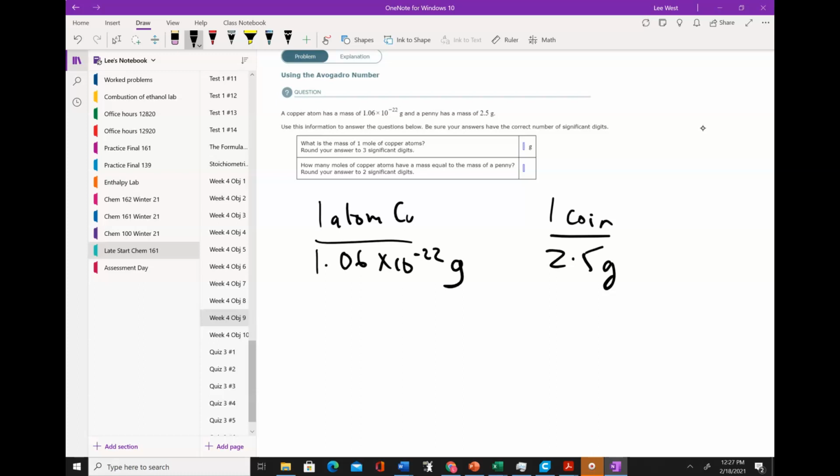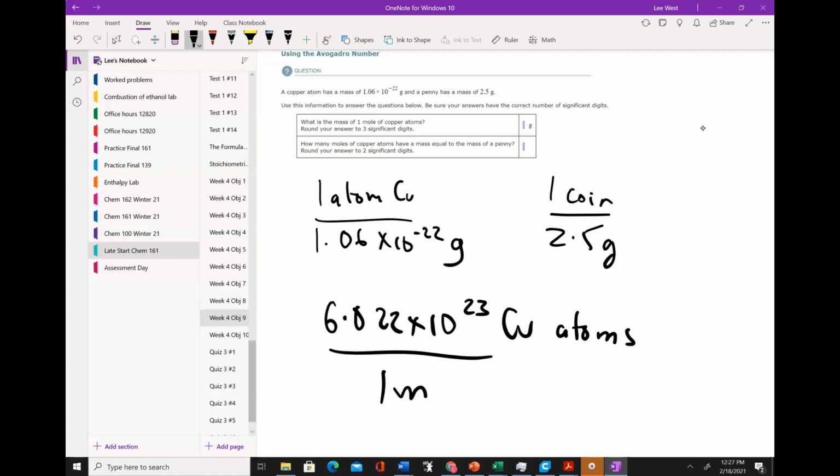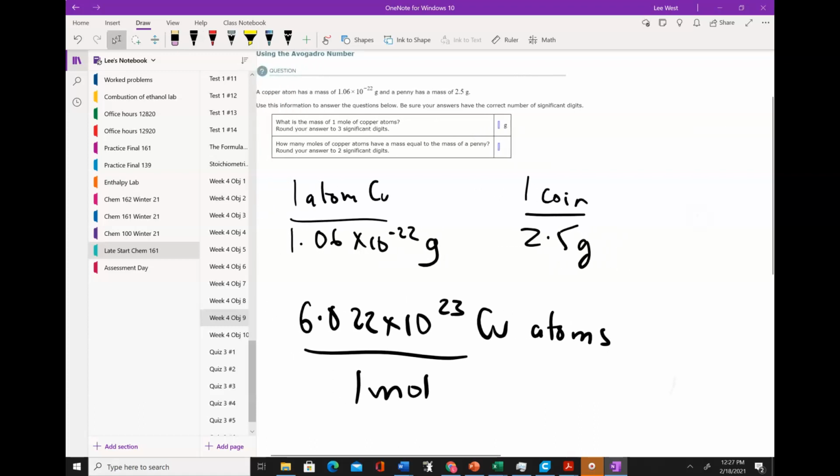And then it says, what is the mass of 1 mole of copper atoms? Okay. So how many copper atoms are there in a mole? There are 6.022 by 10 to the 23 copper atoms in 1 mole. That's just Avogadro's number, isn't it? Yeah. Okay.